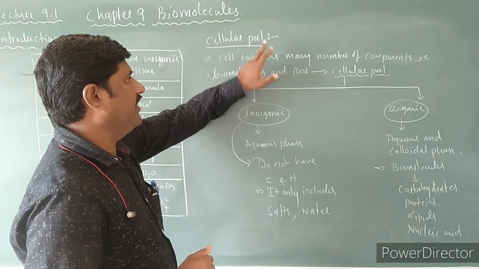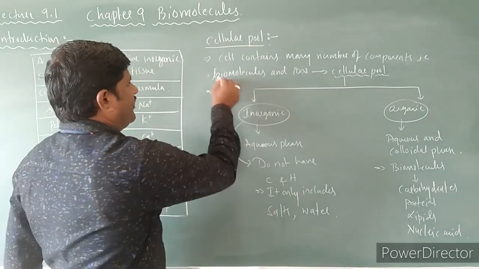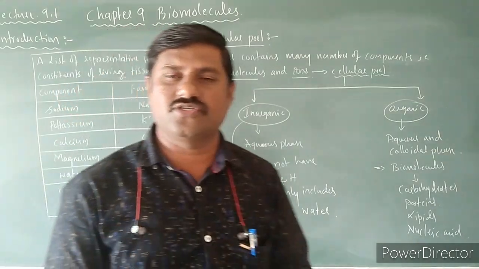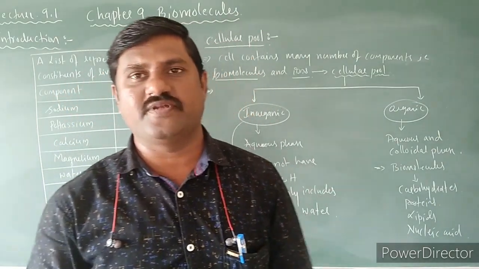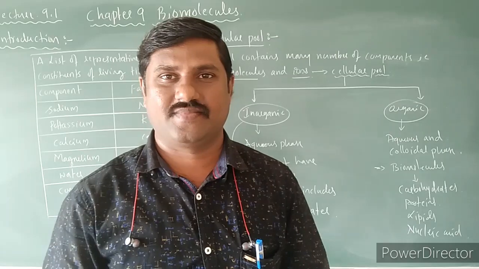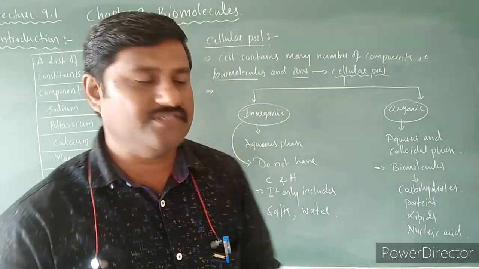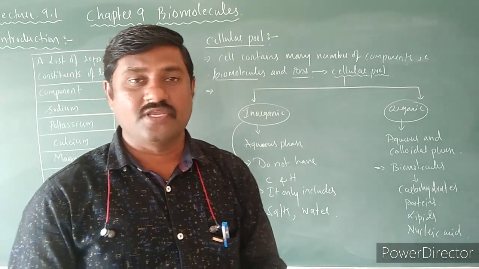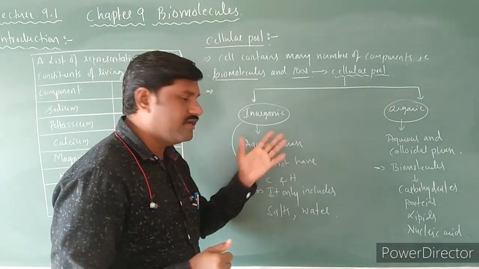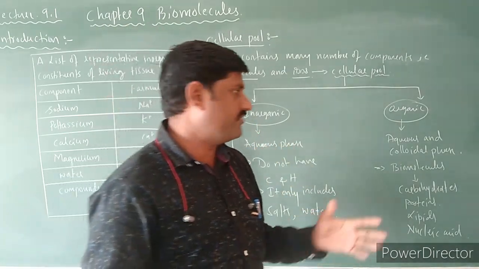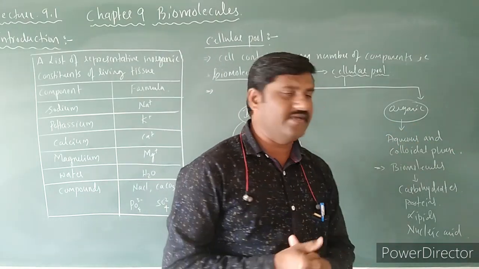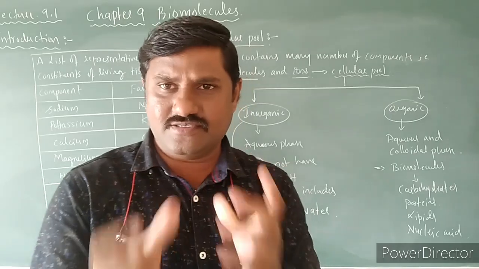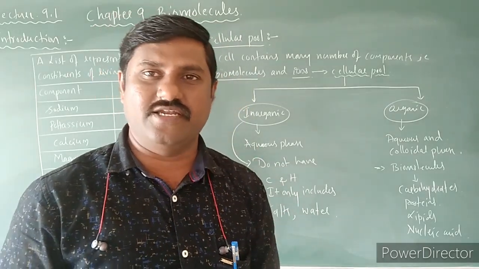This cellular pool mainly consists of many biomolecules and many ions that make up the structural aspects as well as functional aspects of the cell. So it consists of both inorganic components as well as organic components. Inorganic components are always in aqueous form or aqueous phase. These are present in aqueous as well as in colloidal phases. Right? So this is what we have to understand initially.